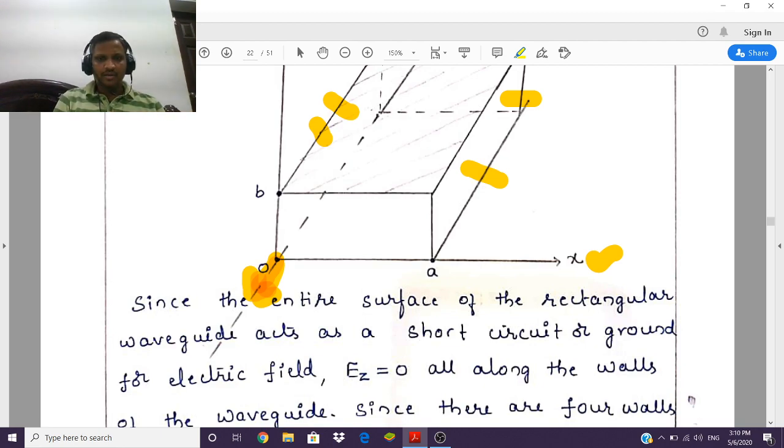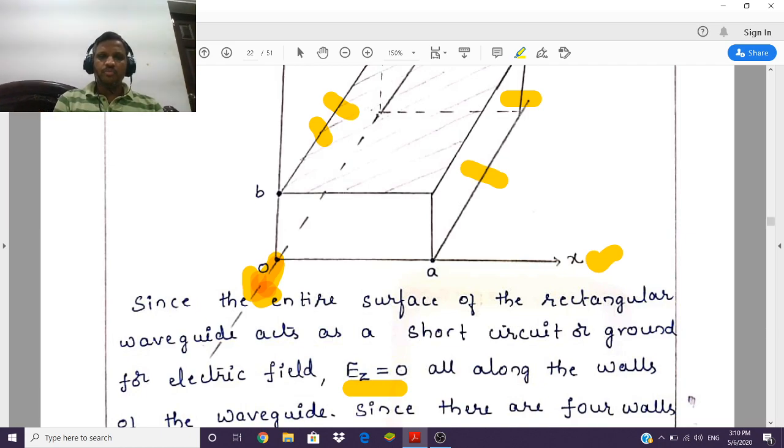For the dielectric to conductor interface, we know very well that the boundary condition is E tan 1 equal to E tan 2, where E tan 2 will be 0 and E tan 1 will also become 0. Because the tangential component in the z direction is Ez, and that Ez is assumed to be 0.